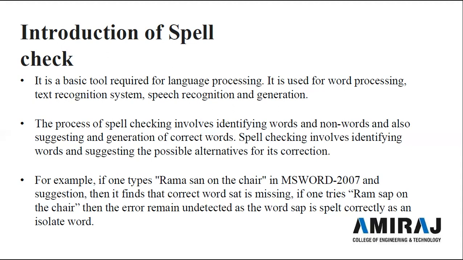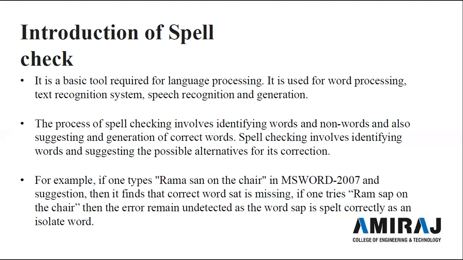So as we know, whenever we are writing any word in Microsoft Word 2007, for example, if we have made any mistake in spelling, then it will show that mistake, and it will also give suggestions related to that wrong word, right? So it will give all possible alternatives from its dictionary.